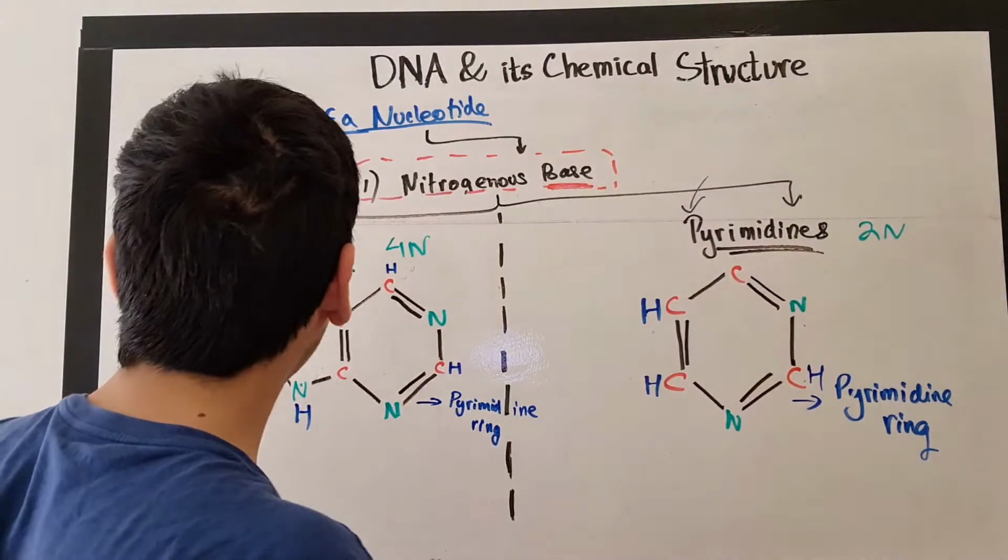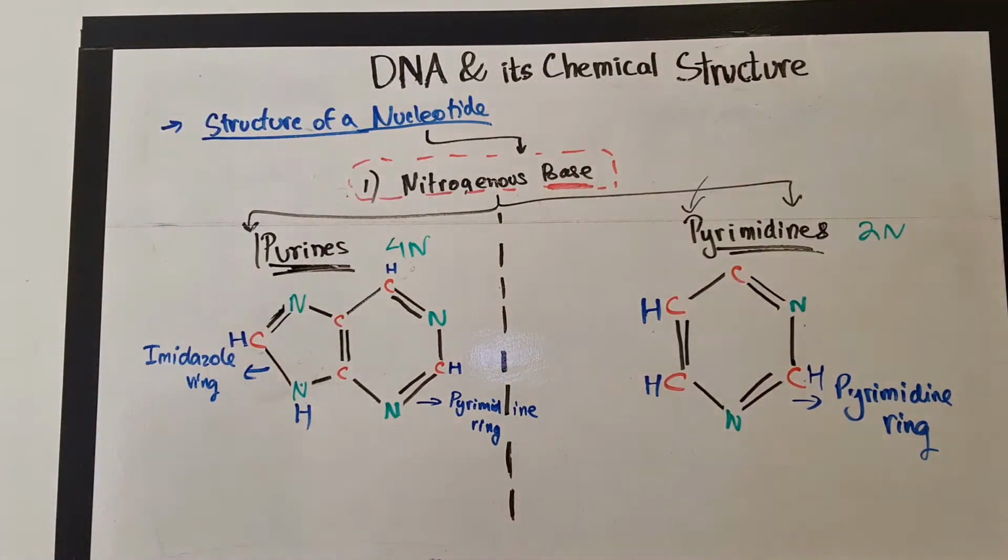So now let's talk about the numbering, the positions. How do we number the various positions or the vertices on the pyrimidines and the purines?